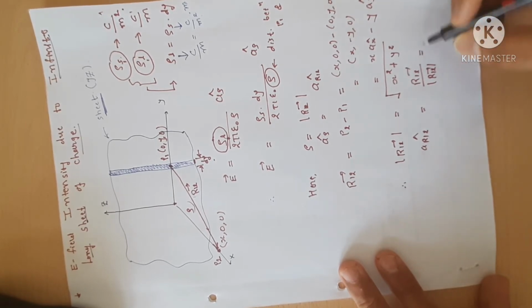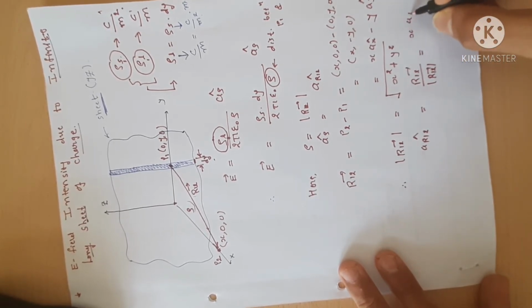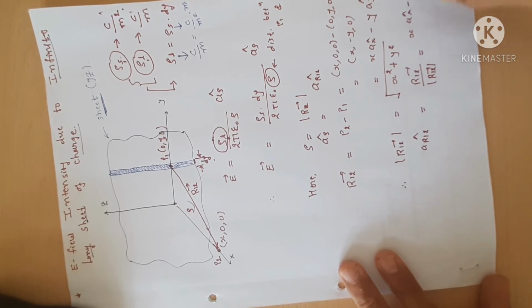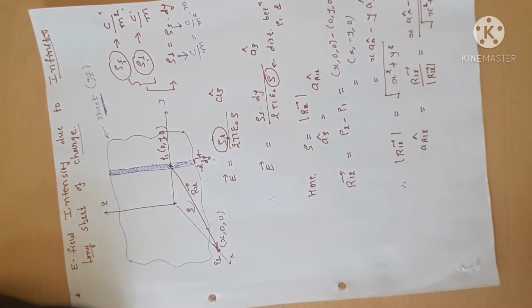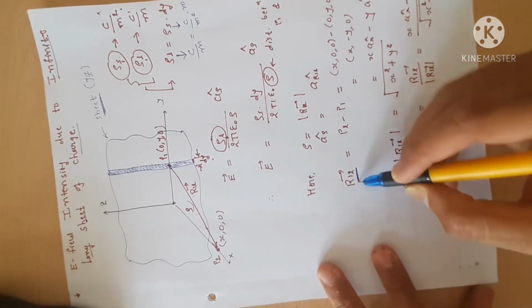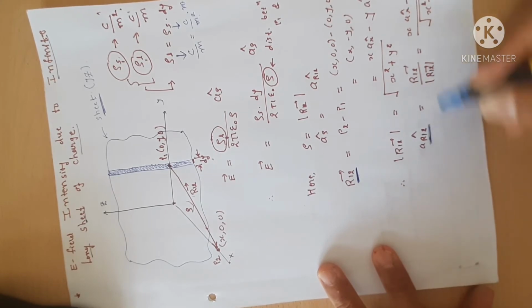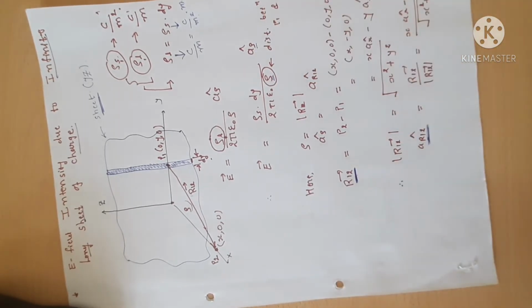So this vector is x ax minus y ay upon its mode, under root of x square plus y square. Now I will substitute the value of R12 and the value of AR12 here, and then I just have to do the simplification.